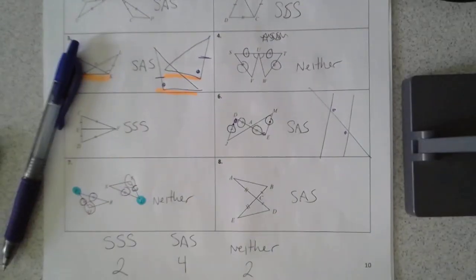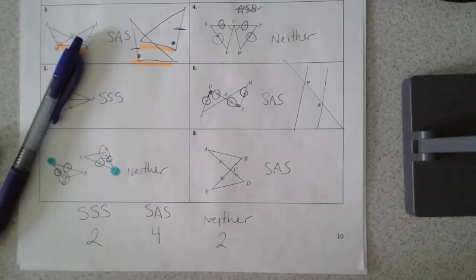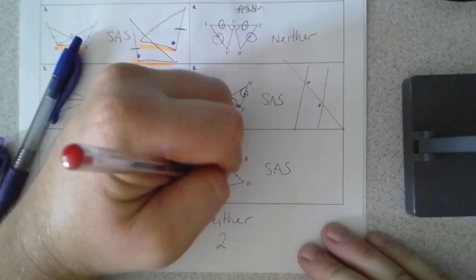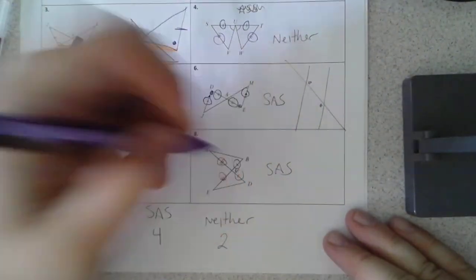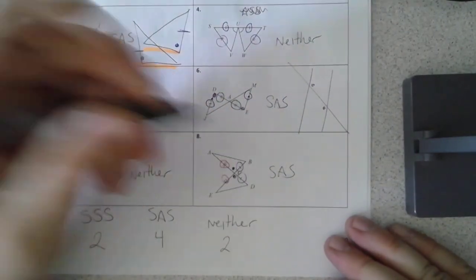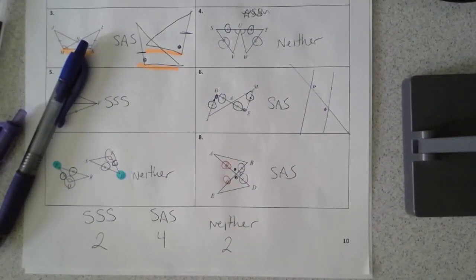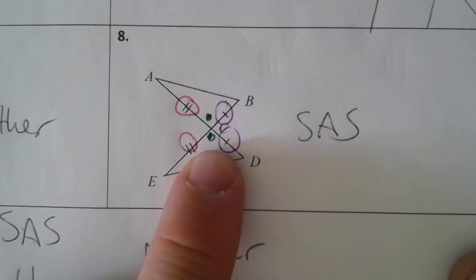I do want to say one quick thing about number 8. Number 8 is side, angle, side. Again, it has two sides that are shown congruent to each other. My question is, how do I know these angles are congruent? Aubrey, these green dots right here on number 8, what kind of angles are those when they're right across from each other?